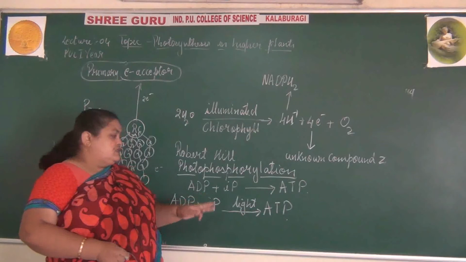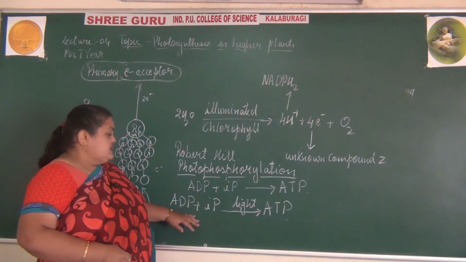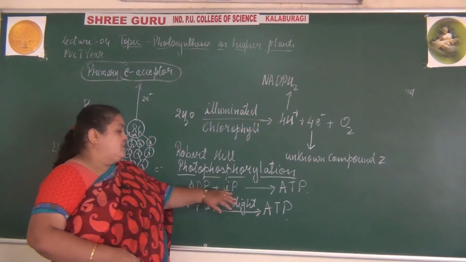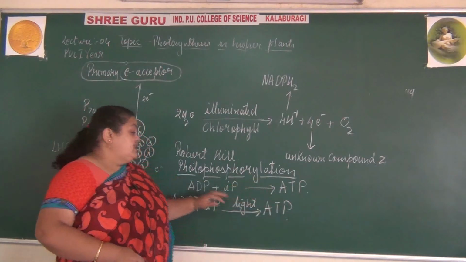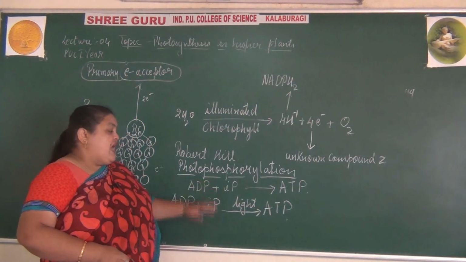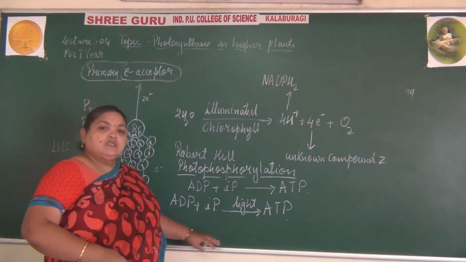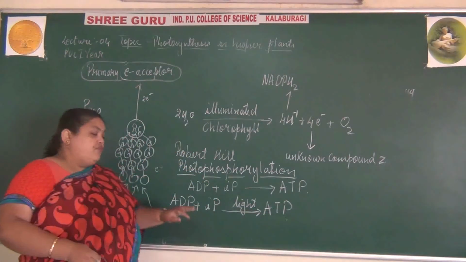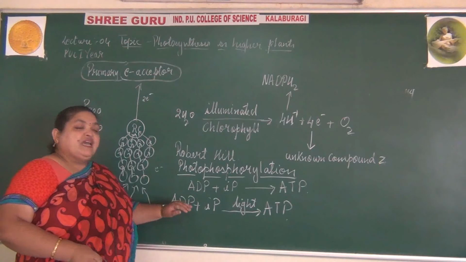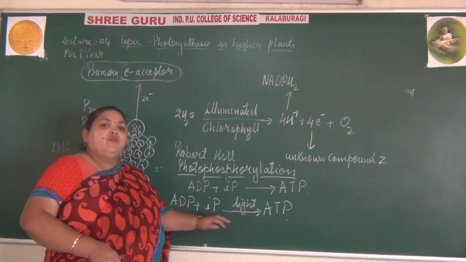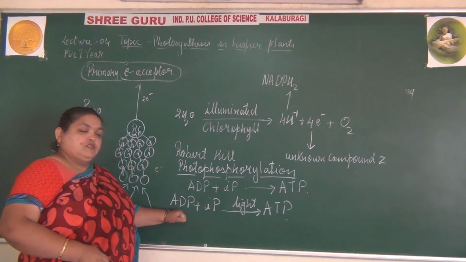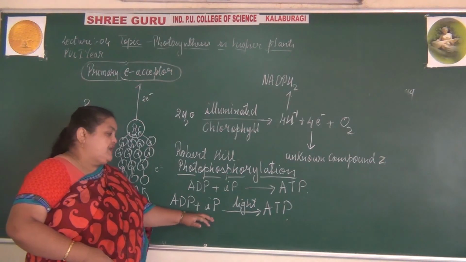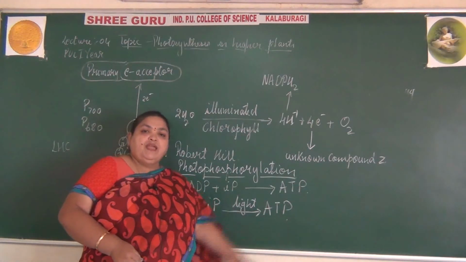And the third process is photophosphorylation. In this, there is synthesis of ATP molecules in the presence of light, where adenosine diphosphate combines with inorganic phosphate to form ATP.